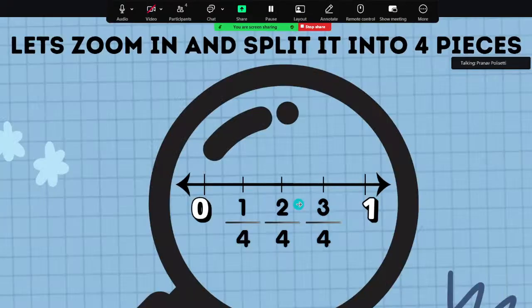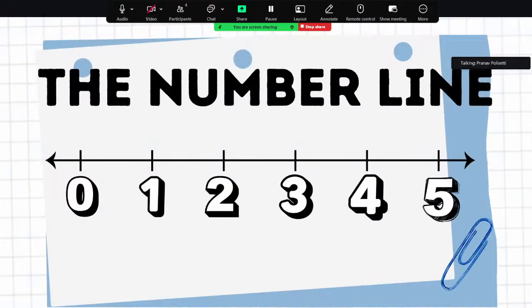Okay, now let's zoom in and split the distance between 0 and 1 into 4 different pieces. So if we want to go back, we start at 0 of the stick, and then we go to one whole amount of that stick. So we have one whole stick.